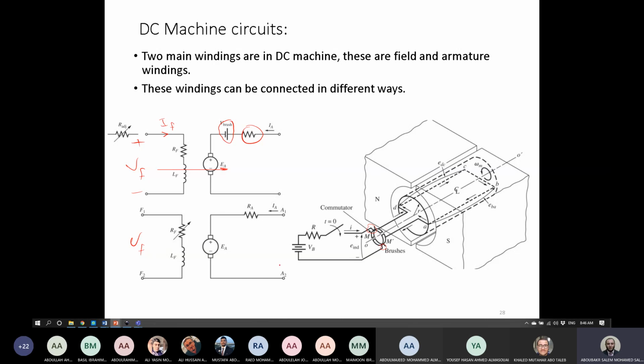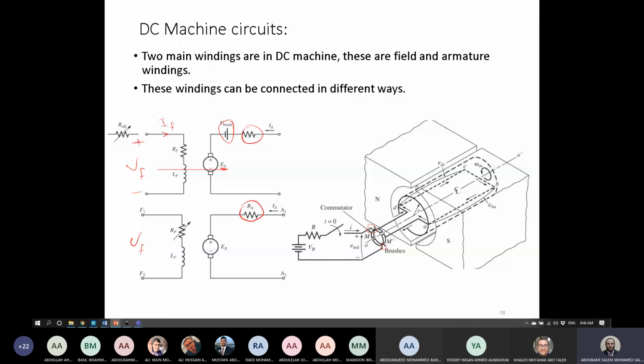And for the armature winding, we can assume that we have now total armature resistance, which will include the armature winding and the equivalent resistance of brushes, or sometimes can be excluded, and this is now the EMF of the machine. So this is now the equivalent circuit, shabab, of DC motor. Armature winding and field winding circuits.